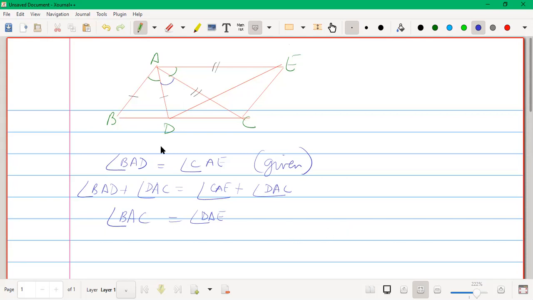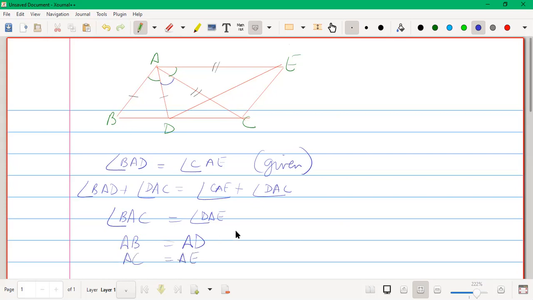Now, because angle BAC is equal to angle DAE, therefore AB, and they've already given you that AB is equal to AD. AB is equal to AD, right? Also, they have given to you that AC is equal to AE.